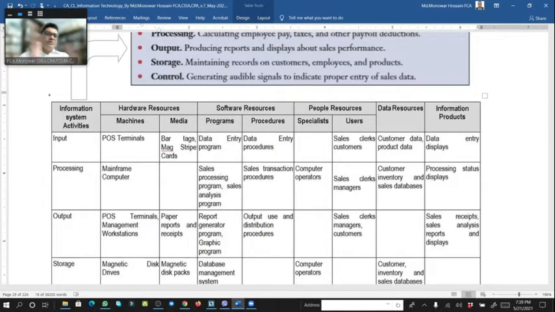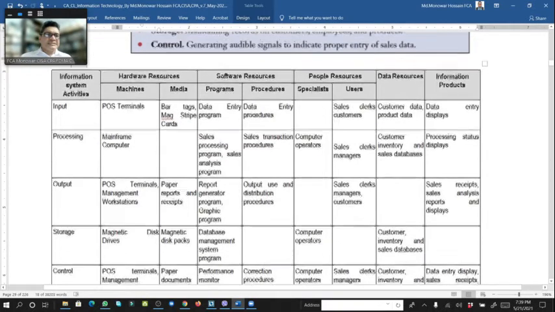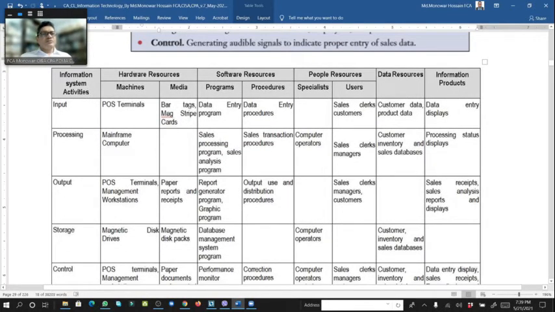And in the same way, if we study processing, processing is another information system activity. So processing through the hardware resource machine, that means mainframe computer or computer. And software resource, sales process program, sales analysis program used with the process here. And procedure is sales transaction process.